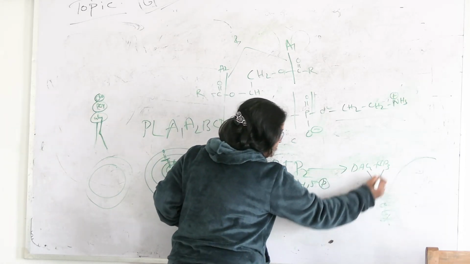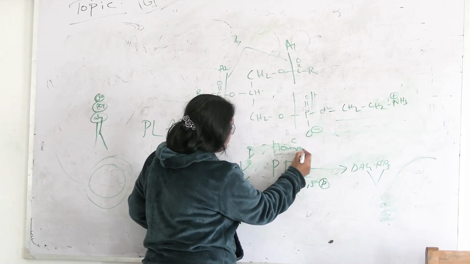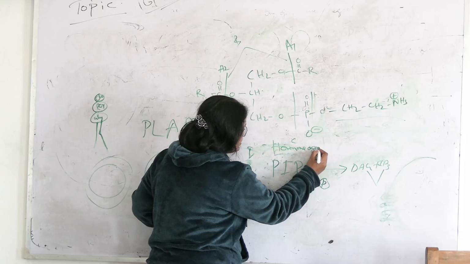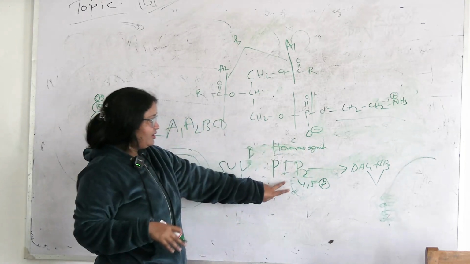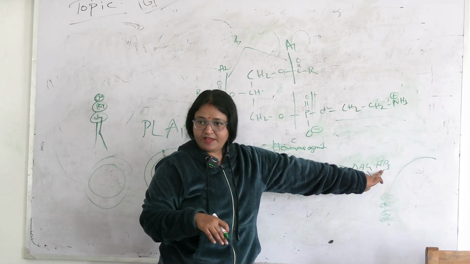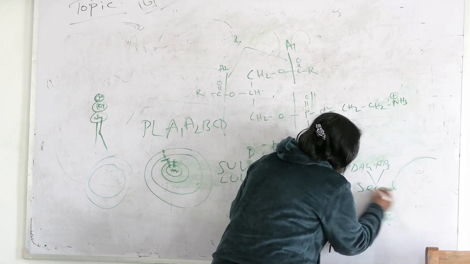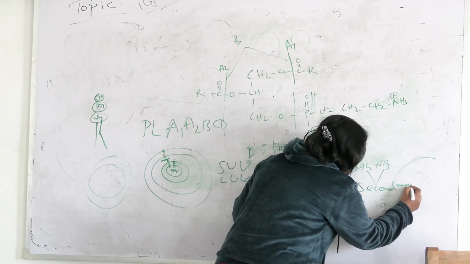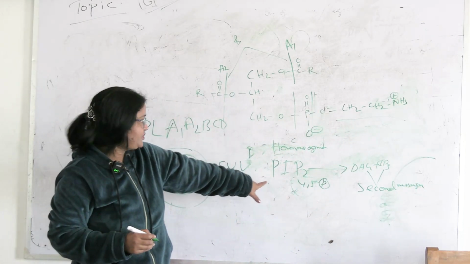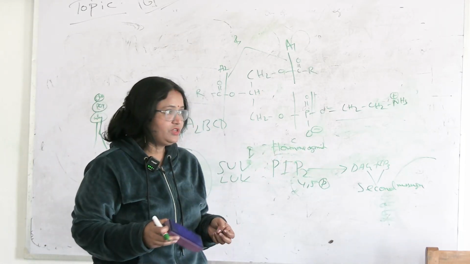Both are second messengers. If a hormone agonist works on PIP2, it will form DAG and IP3. They will make some signal, and that function will go on. So, this is the structure of PIP2, forming DAG and IP3.